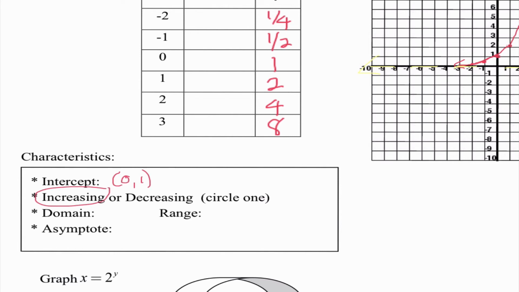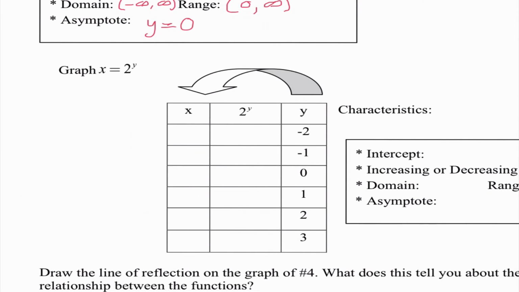This is increasing. Our domain is negative infinity to infinity, and our range is 0 to infinity. And our asymptote, as I've stressed numerous times, is an equation, and it's y equals 0. Okay, we should definitely see some similarities in our characteristics versus what we've done on other problems.